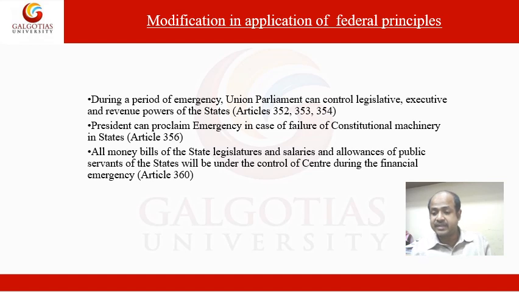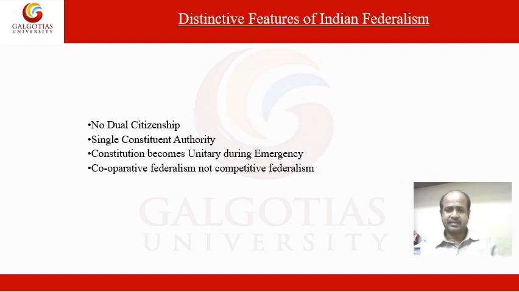If a financial emergency is proclaimed in a particular state or in all states, during this period the salaries and allowances of the legislators and public servants inside the states will be governed by the center, and the center has direct control. This is very much against the basic principles of the federal structure.